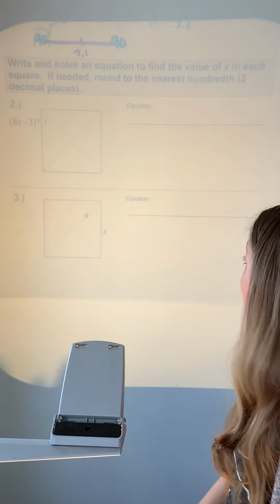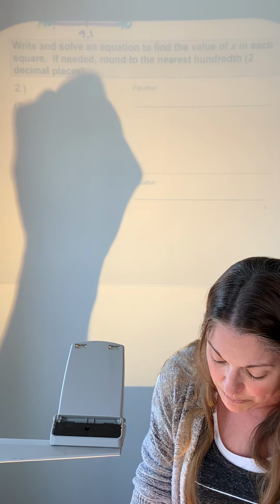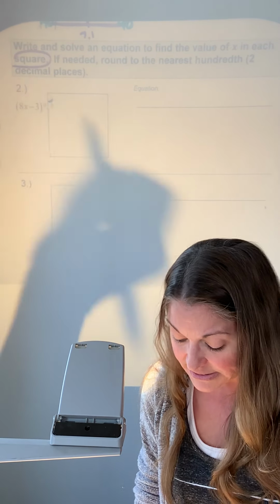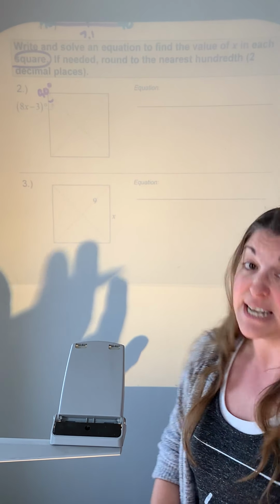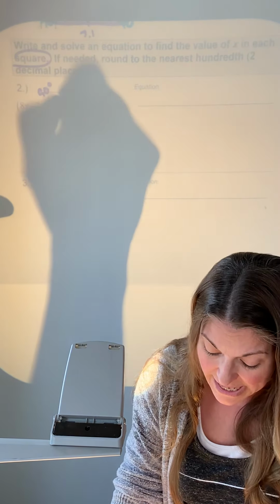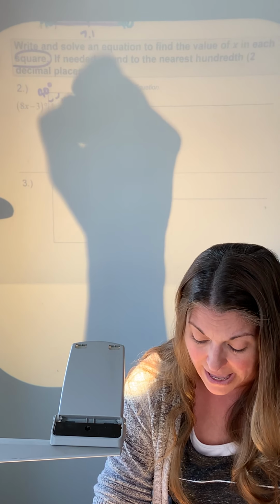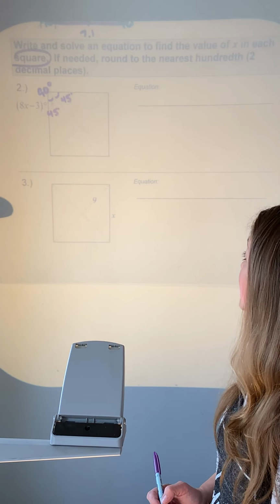Now notice where this arrow is pointing. It's only pointing to that little mark there. Because it's a square, I know the entire angle is 90, but the diagonal will have broken it up into 2 congruent angles. So that's going to be 45 degrees on each side.